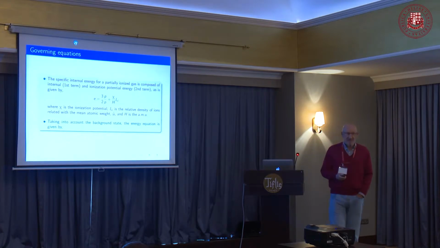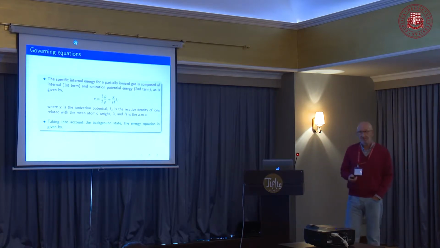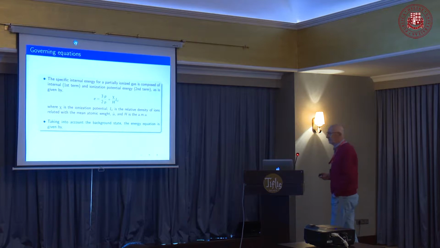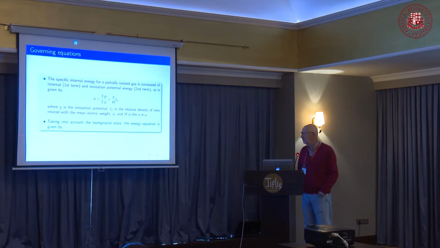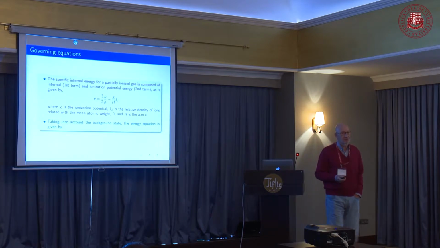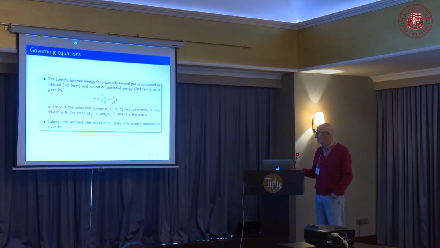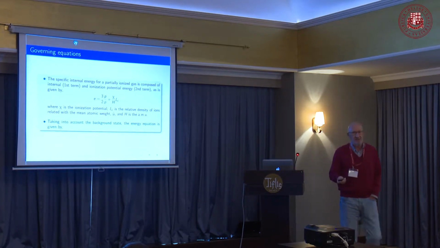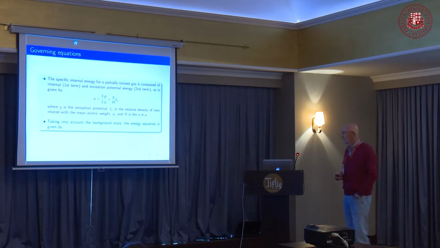The specific internal energy of a partially ionized plasma is composed of two terms. The first term is the standard internal energy, this one here, and the second term is the ionization potential energy, in which we have in the numerator the ionization potential, in this case for hydrogen, and the atomic mass unit, and this quantity is the relative density of ions, which is related to the mean atomic weight.